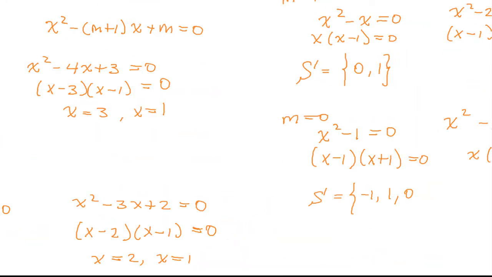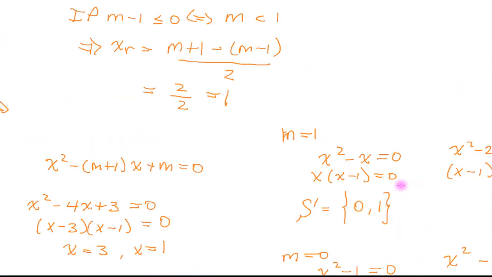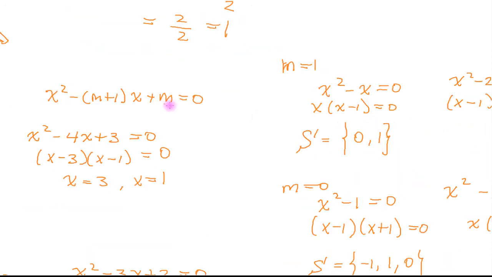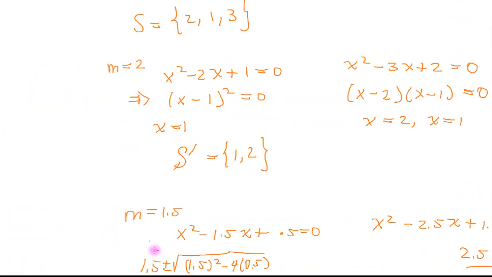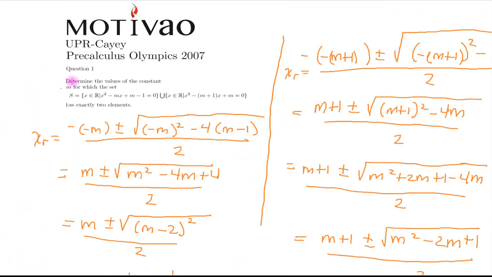So in conclusion, finally, it will be m equal to 1 and m equal to 2. So determine the values of m for which this has exactly 2 elements: m equal to 1 and m equal to 2. And that's our answer, guys.